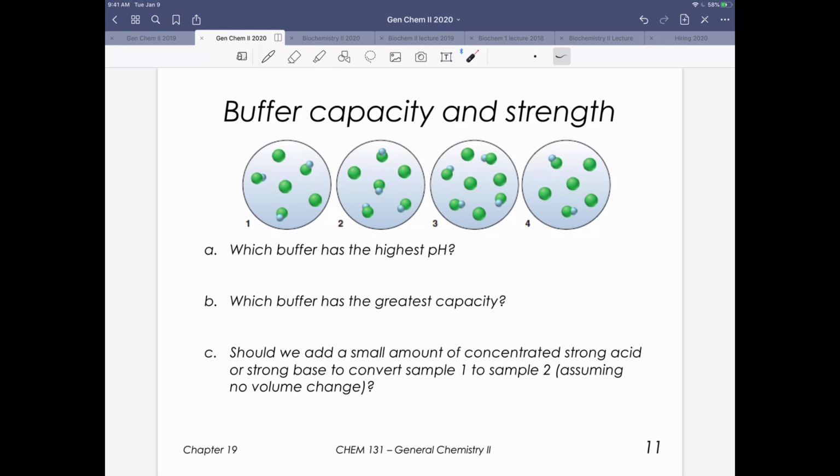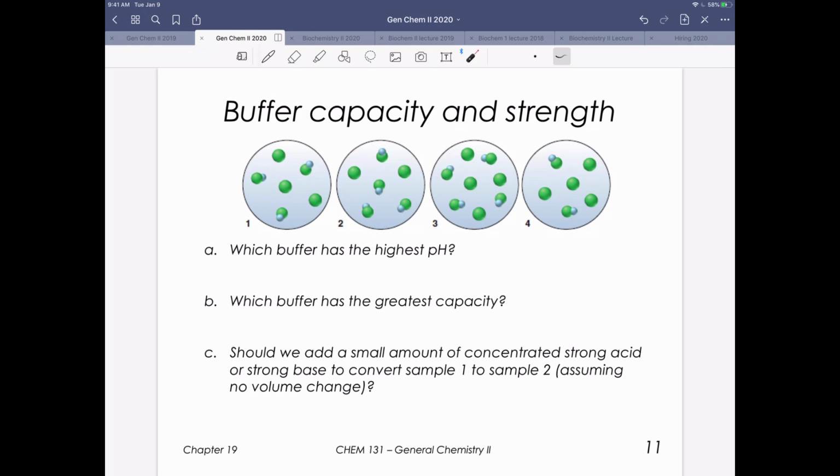The first problem asks us to look at these molecular scenes and ask which buffer has the highest pH. Remember, the little blue guys represent protons that are on an acid. So this guy represents our weak acid, and this guy represents the conjugate base.